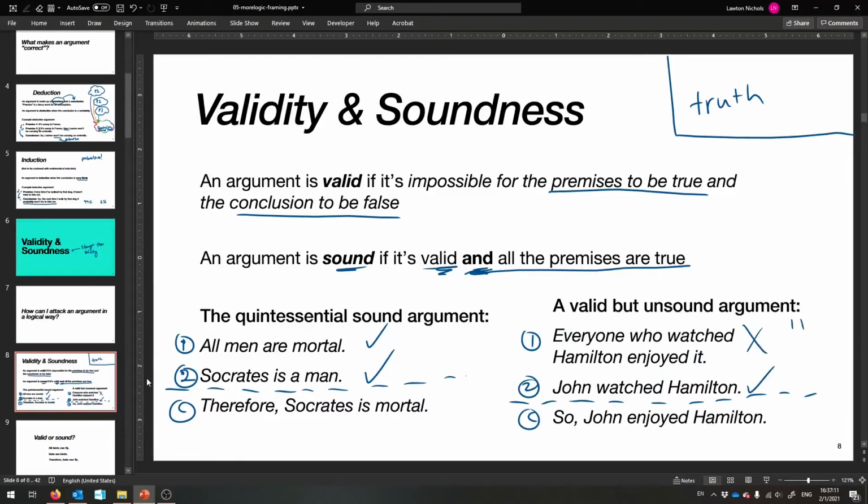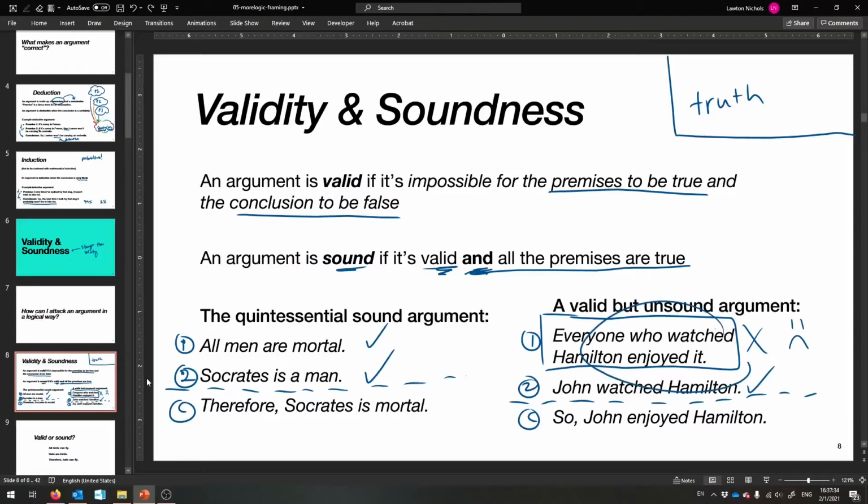Some people are just not fans of Hamilton, unfortunately. So I don't think that this is going to be true all the time. If only it were, but this kills the soundness of the argument, though it is still valid.